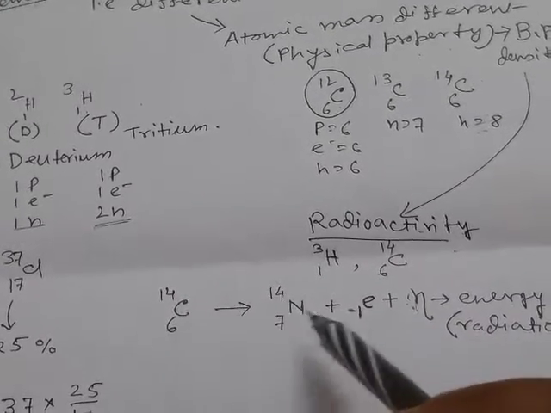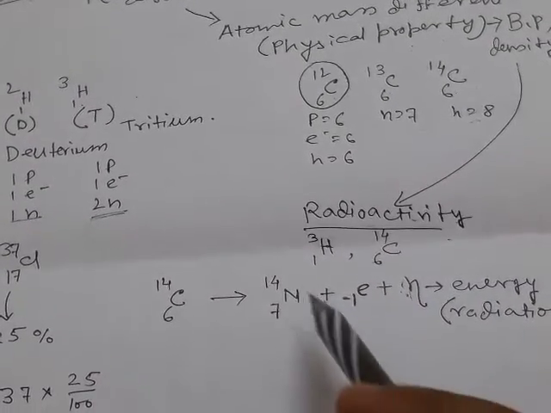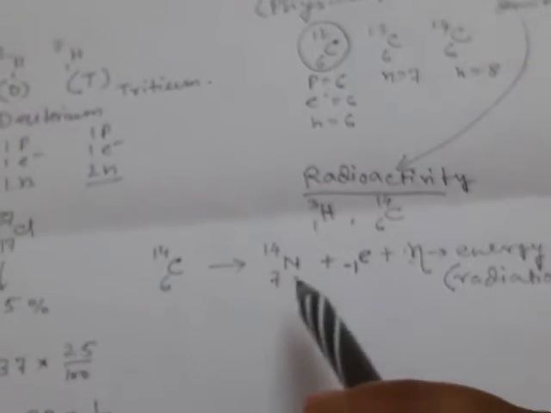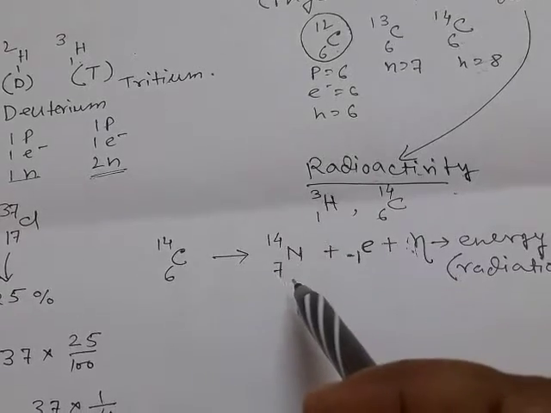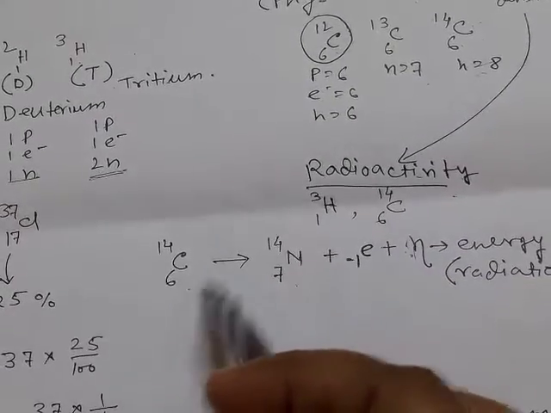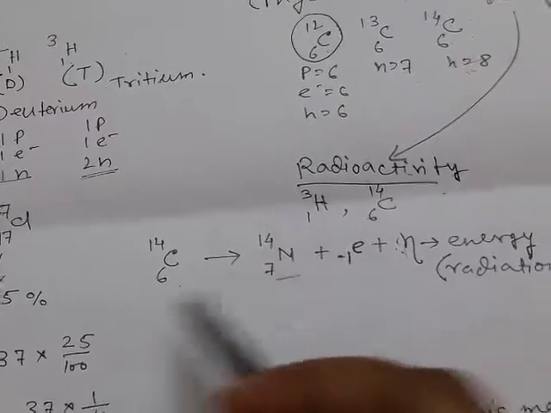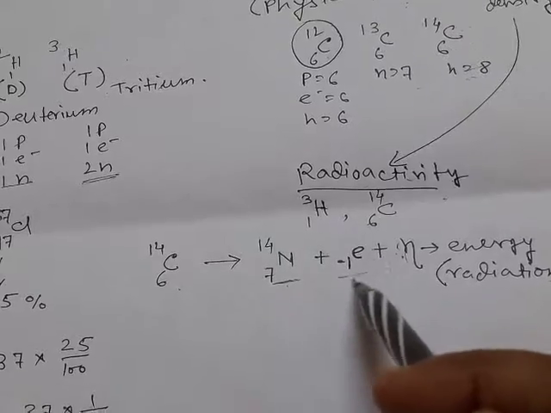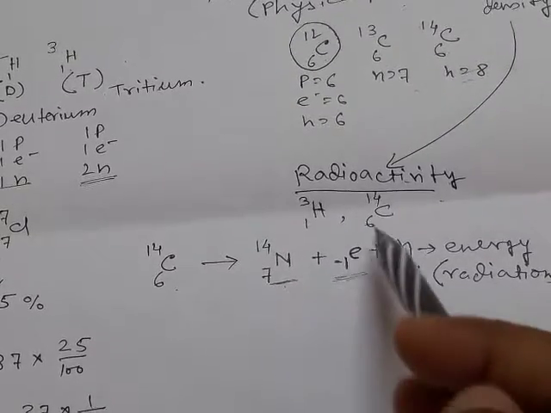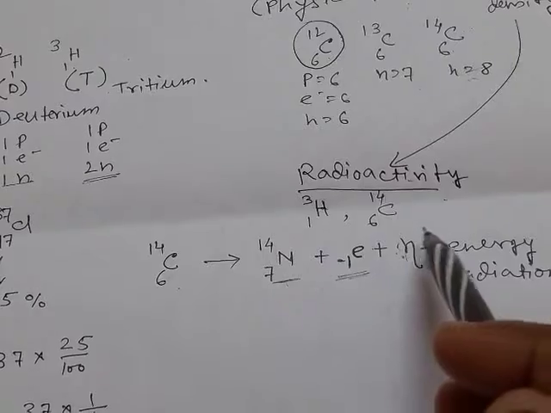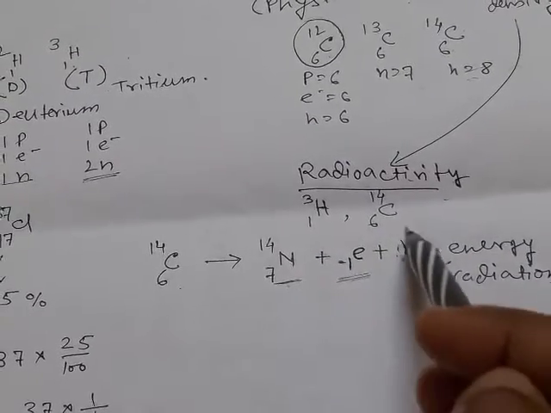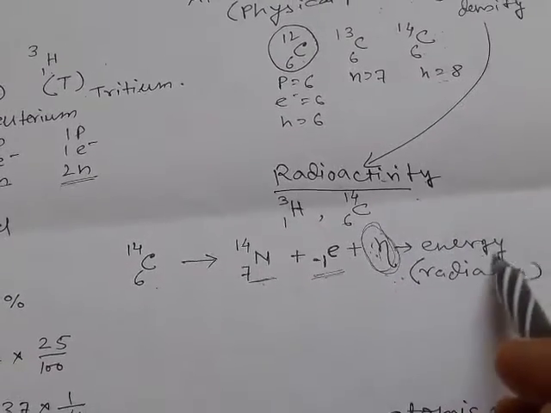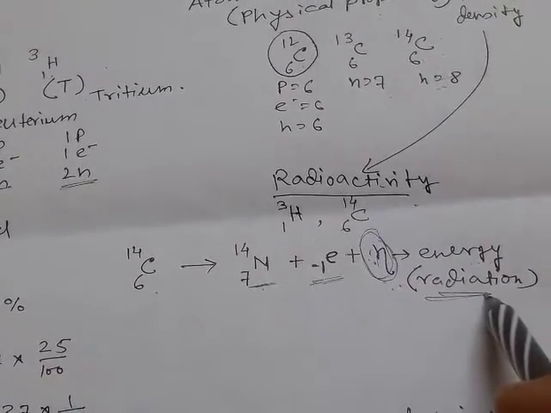So these nuclei undergo fission, or these nuclei break up into other nuclei. Here from carbon we get nitrogen nuclei, and there will be loss of different subatomic particles. Here an electron is lost, and these subatomic particles will be emitted with a very high amount of energy, and this energy is emitted in the form of radiation.